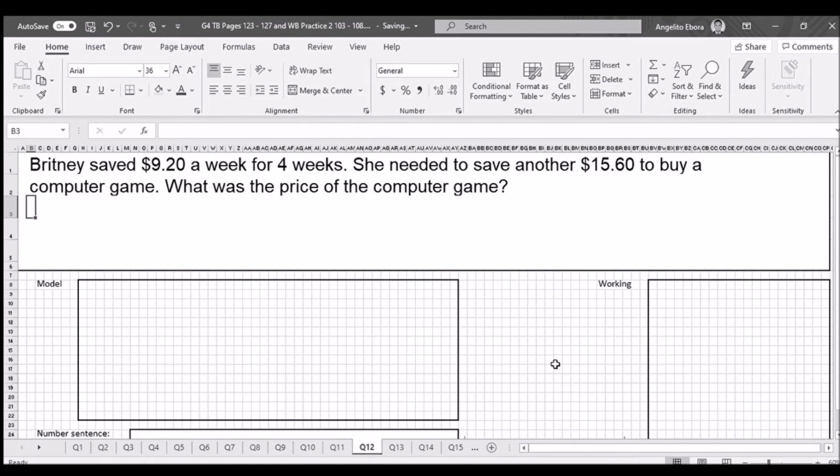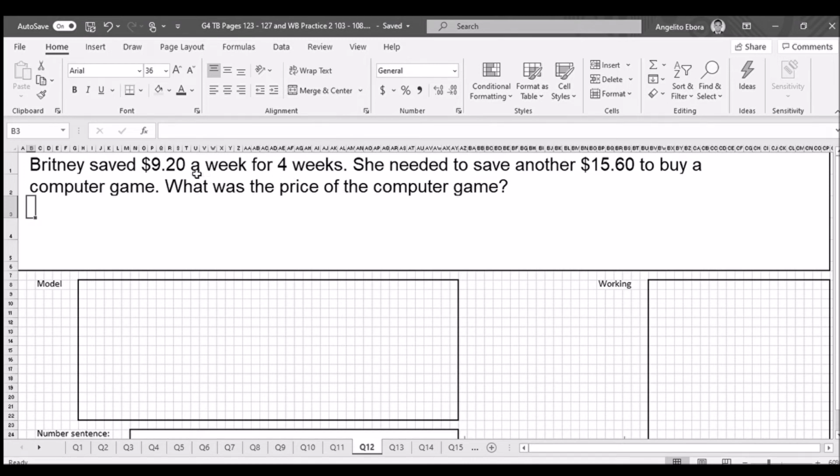Number 12. So Brittany saved $9.20 a week for 4 weeks. She needed to save another $15.60 to buy a computer game. What was the price of the computer game? So let's find first the amount that she saved for 4 weeks.